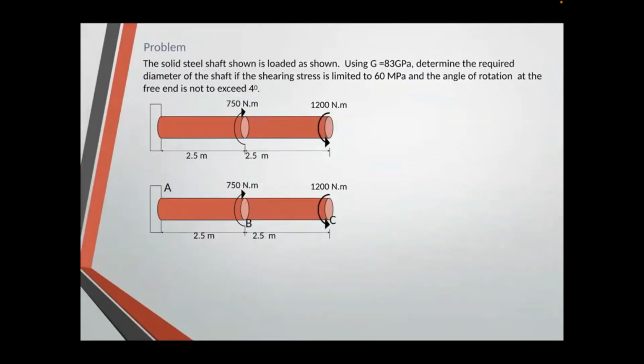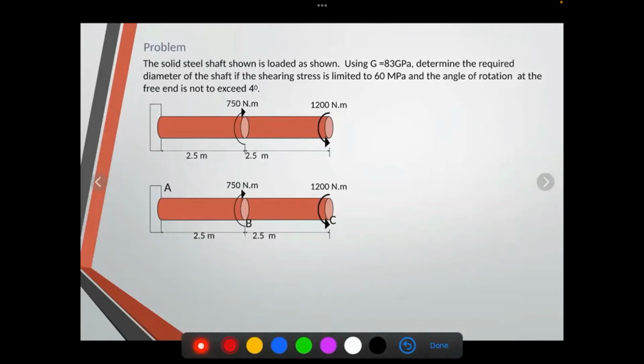Yan, have this naman. So, a solid steel shaft is loaded as shown. So, using G is equal to 83 gigapascal, determine the required diameter of the shaft if the shearing stress is limited to 60 megapascal and the angle of rotation at the free end is 4 degrees.